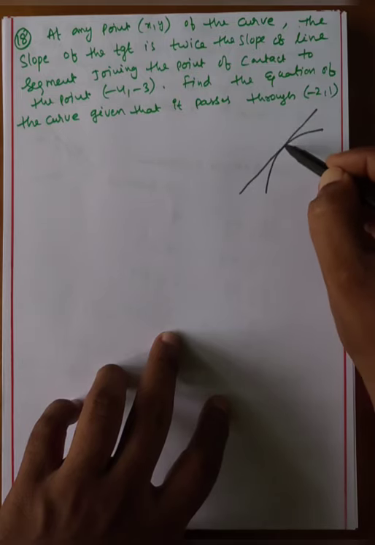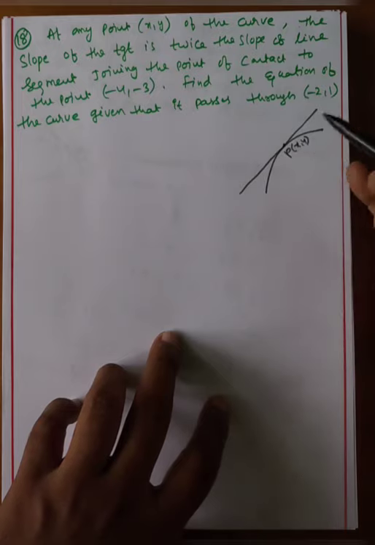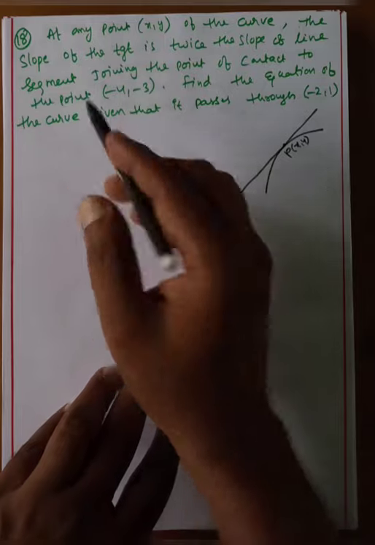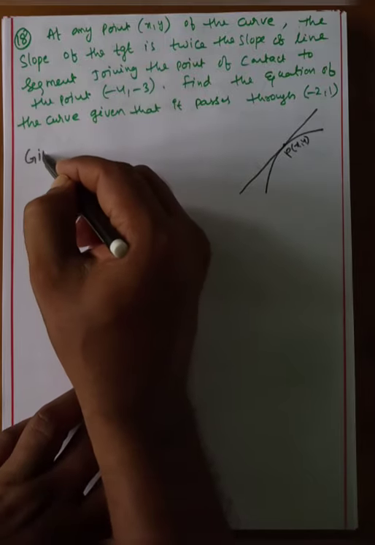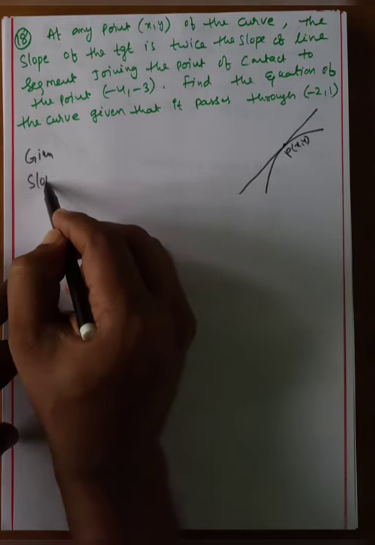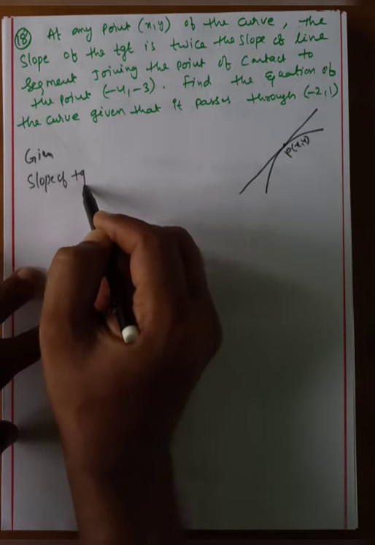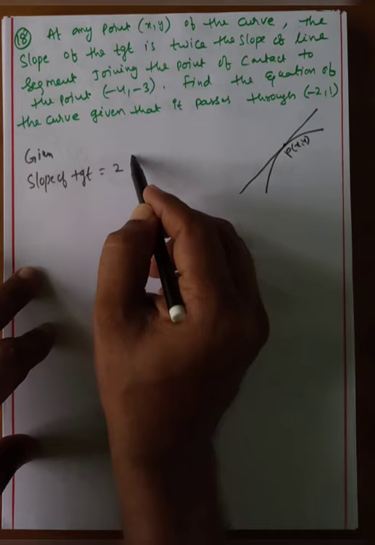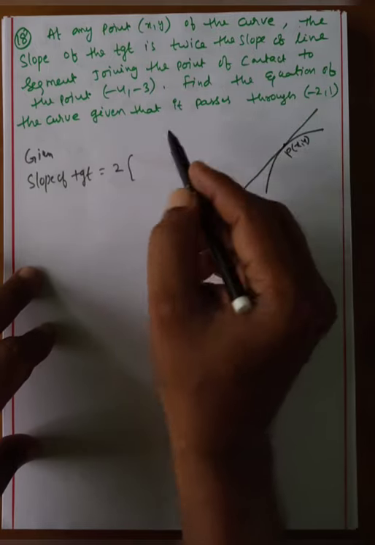This is the point of contact, P(x, y). Slope of tangent is twice the slope of the line segment.